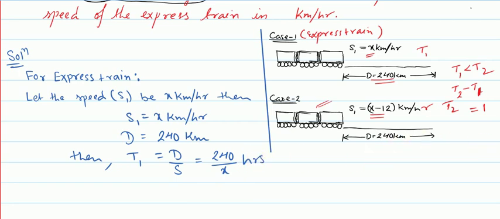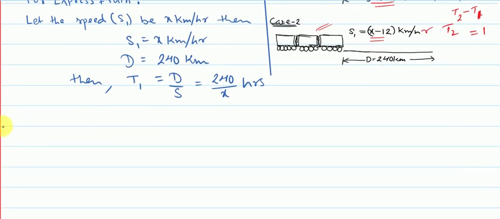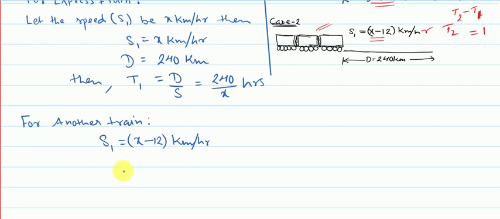Now for the other train, the speed will be 12 less than the express train. The express train is x, so x minus 12 kilometer per hour for that train.